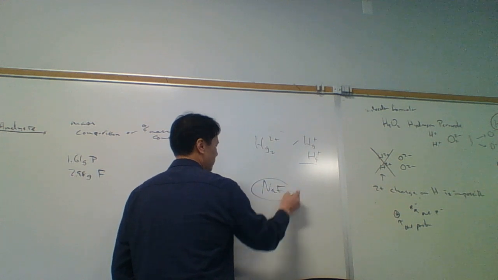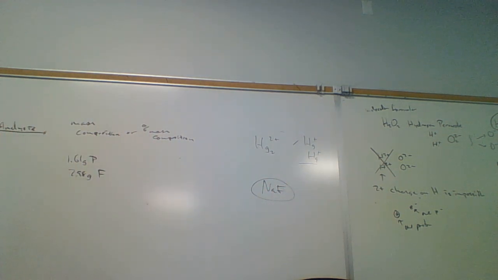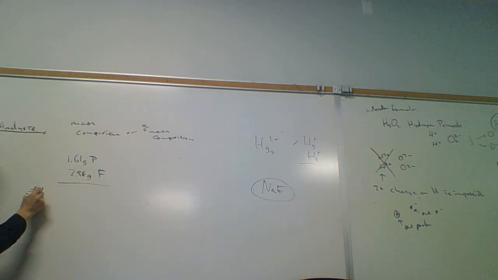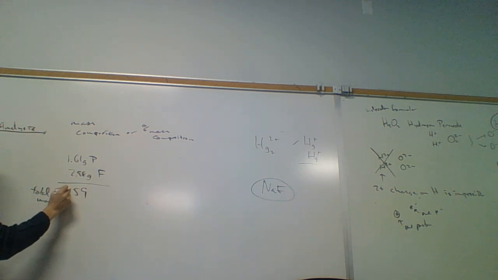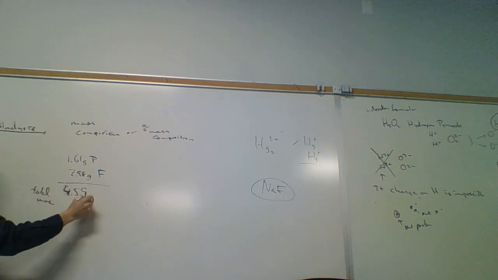Sodium fluoride is common, so fluorine is fluoride, and we usually use fluorine generically. And so this is it. Only two elements, so the total mass, we just added up: 4.59 grams total.